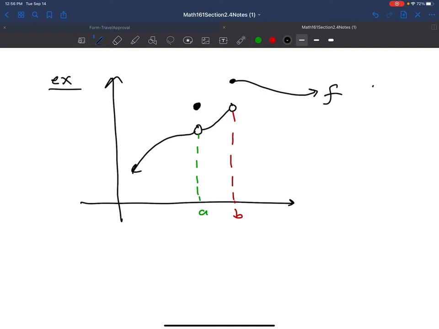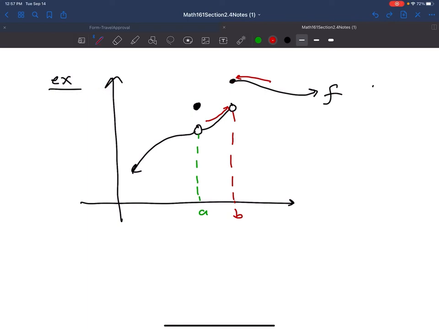So that's my function f, and you can tell here, just looking at this intuitively, it looks like at b that I have continuity from the right because I'm running into the solid dot, but I do not have continuity from the left because I'm running into the open dot. So the value of the limit from the right is going to equal the value of the function, because the value of the function is right here. That's f of a, f of b, my bad. So that's my f of b, and the value of the limit is also f of b at the same height.